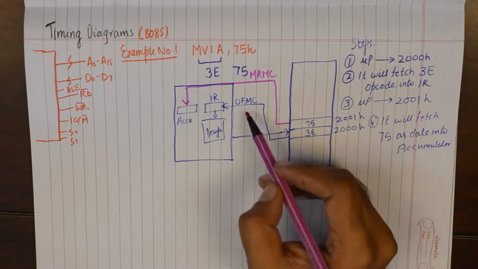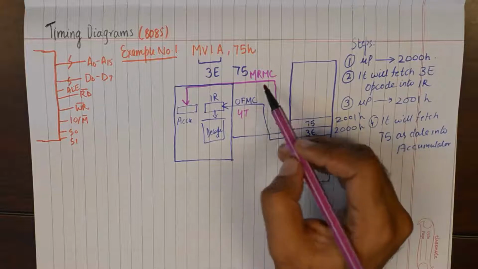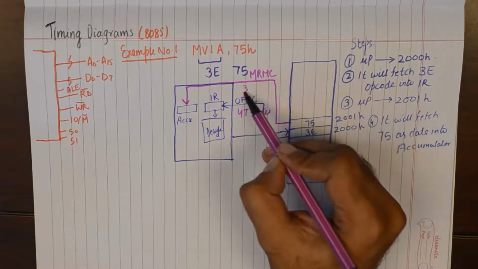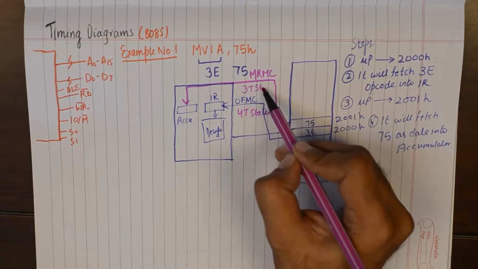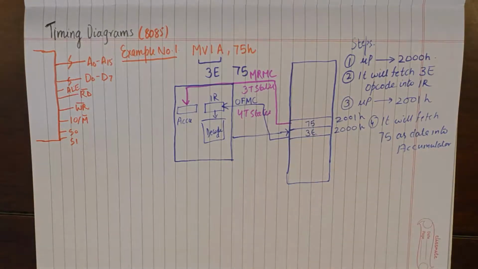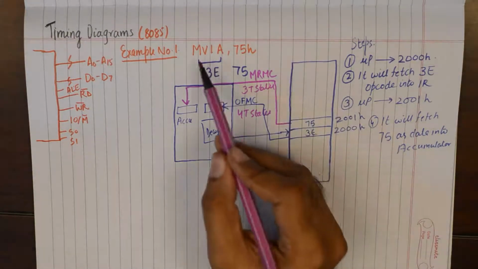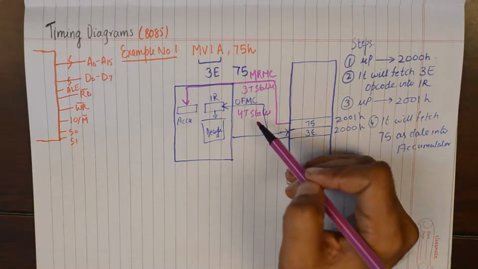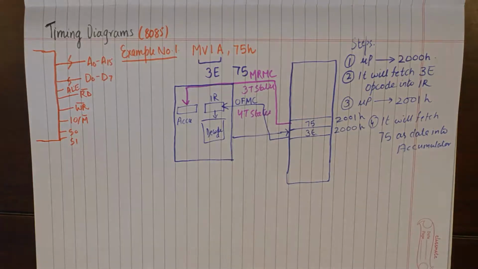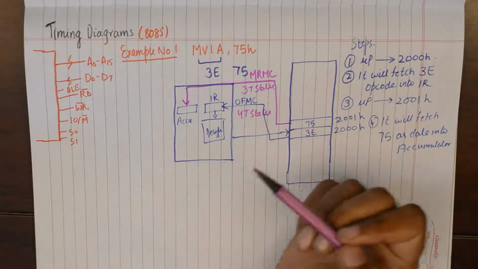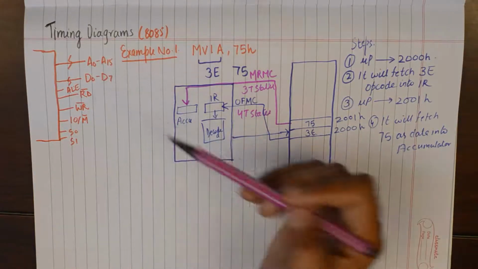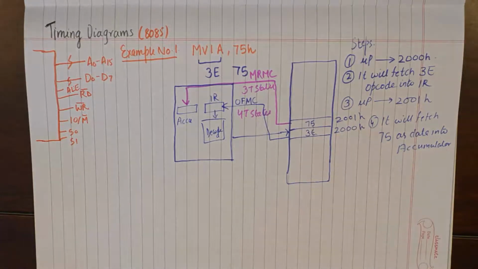Now opcode fetch machine cycle takes 4 T states. Memory read machine cycles take 3 T states. So when we draw the timing diagrams of this instruction, we should first draw 7 T states and then proceed on to show the status of all these pins in all those 7 T states.